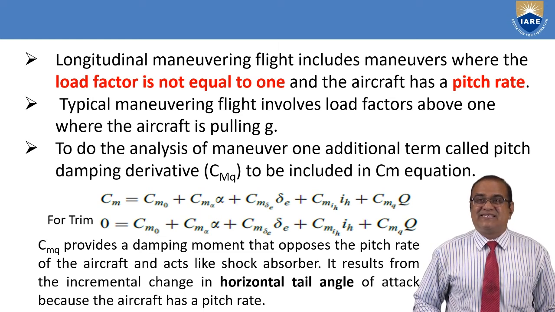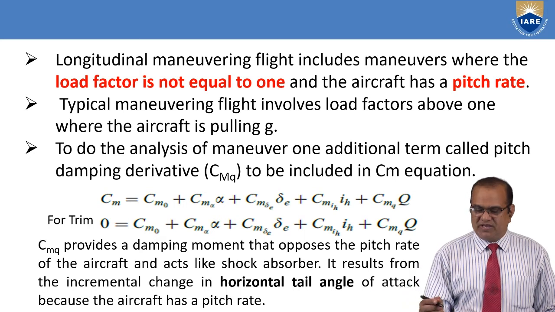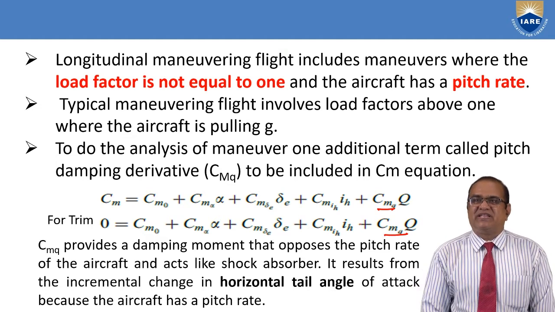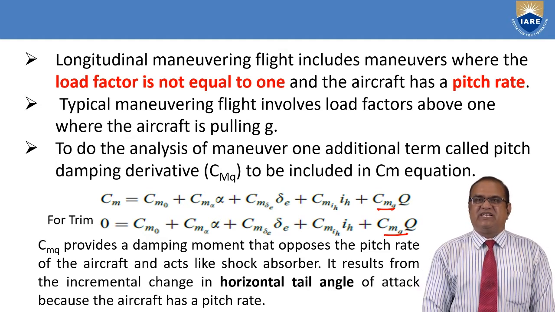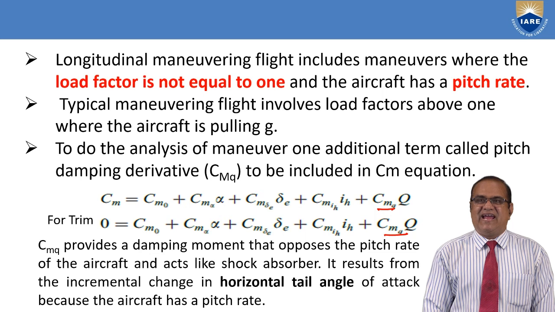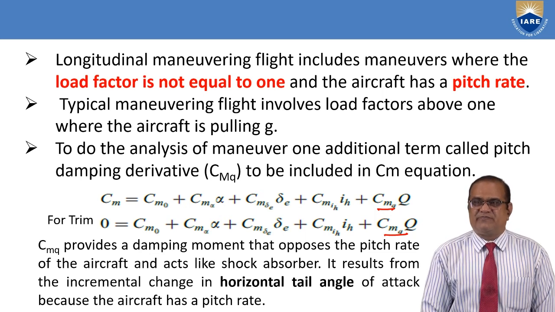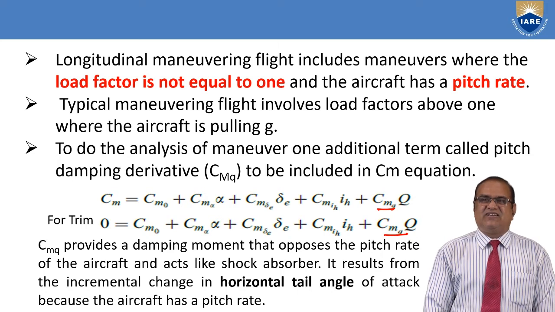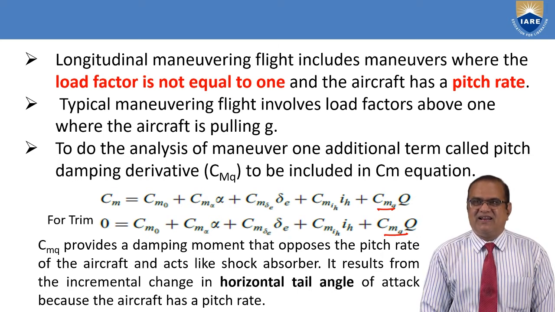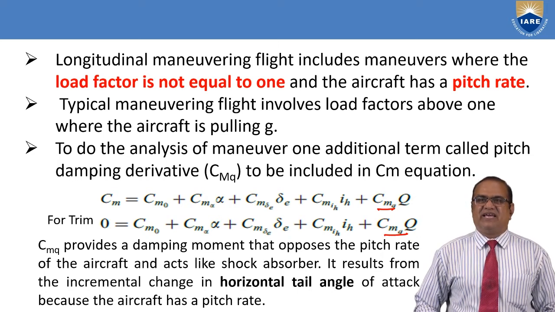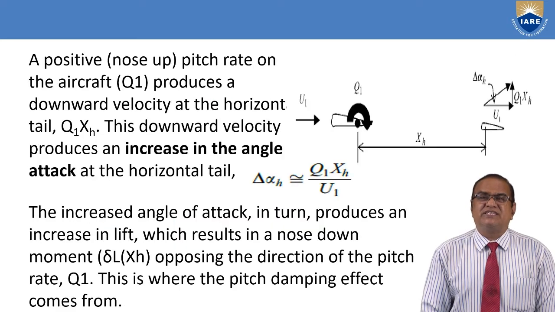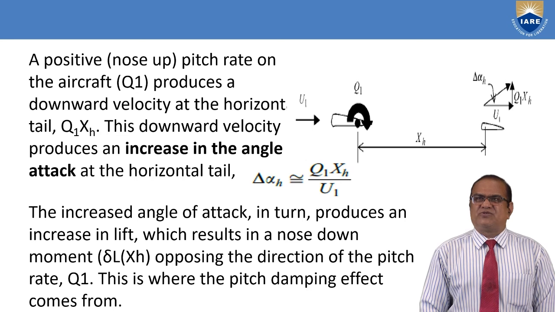This term CMQ provides a damping moment that opposes the pitch rate of the aircraft and acts like a shock absorber. It results from the incremental change in horizontal tail angle of attack because the aircraft has the pitch rate. A diagram is shown here.